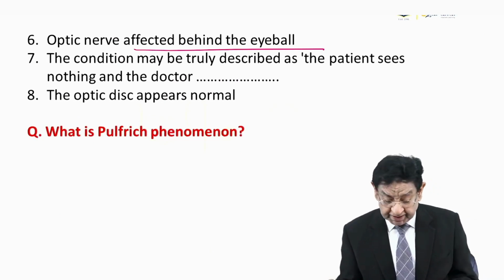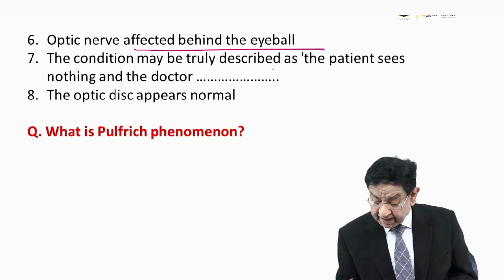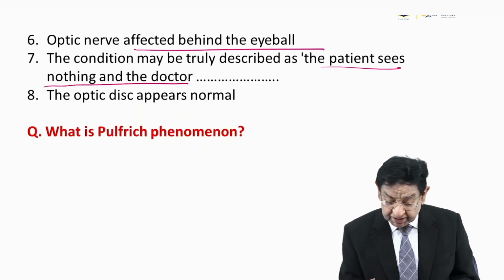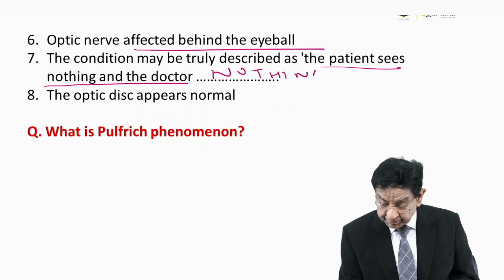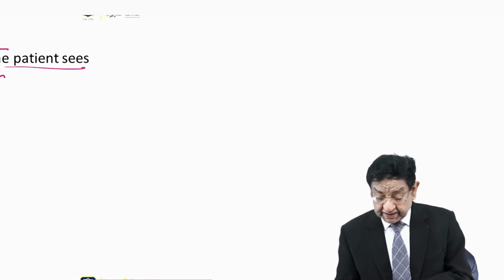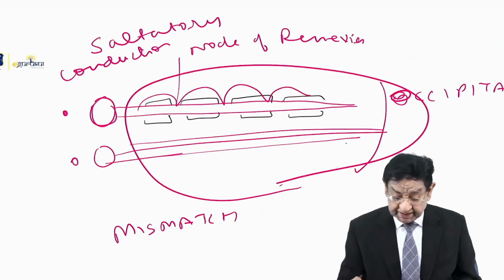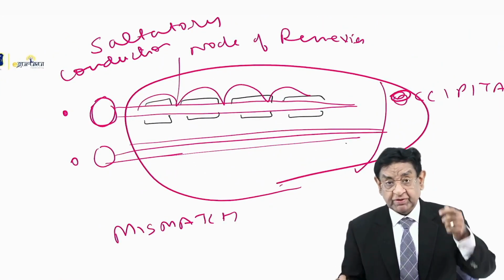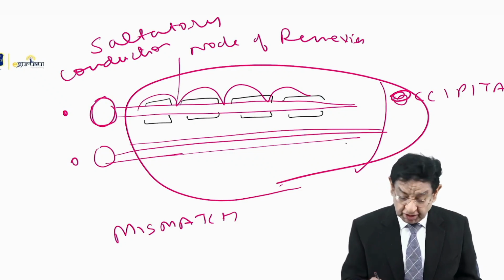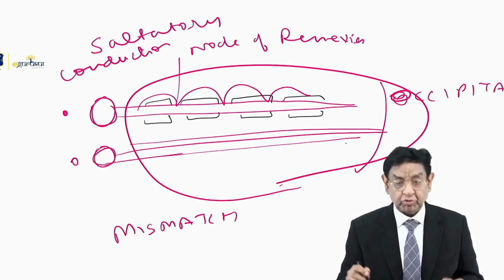You understood the meaning. The condition may be truly described as: the patient sees nothing and the doctor sees nothing. What is the meaning of that? Well, we come back to our slide again. What we just learned, the problem is behind the eye. So when the doctor is doing the fundus examination, as I told you, the optic disc may be totally normal.